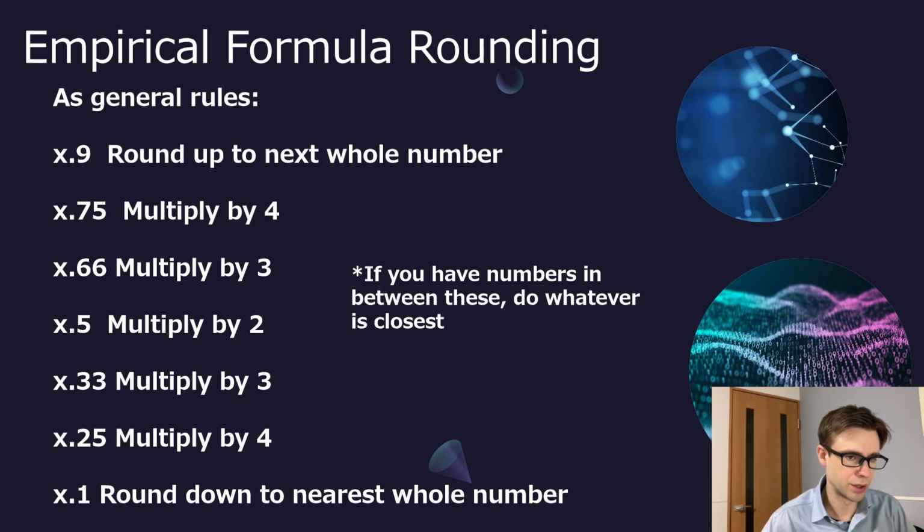So 1.1, round it down to 1, 2.08, round it down to 2. Hopefully you know what I mean on this slide. It's just some rounding advice and rules to follow. If you have numbers in between these that are not quite near it, just do whatever's the closest. You have to do something.